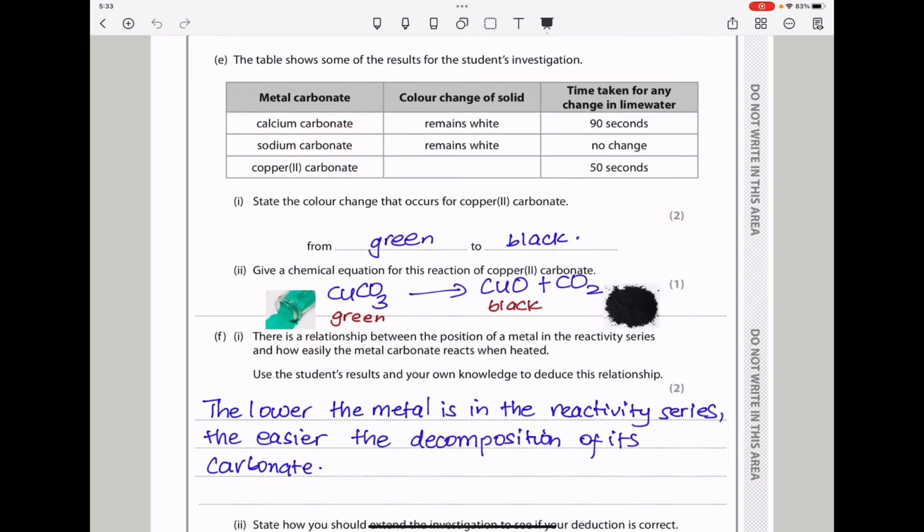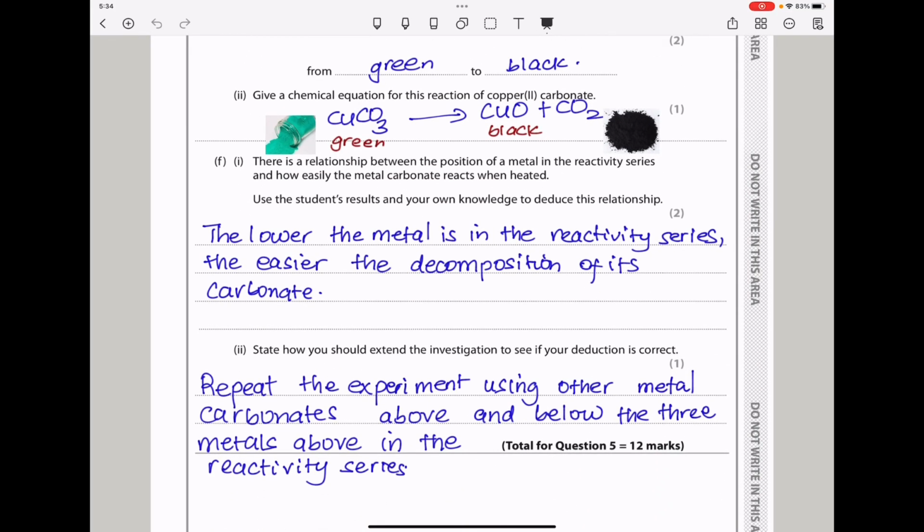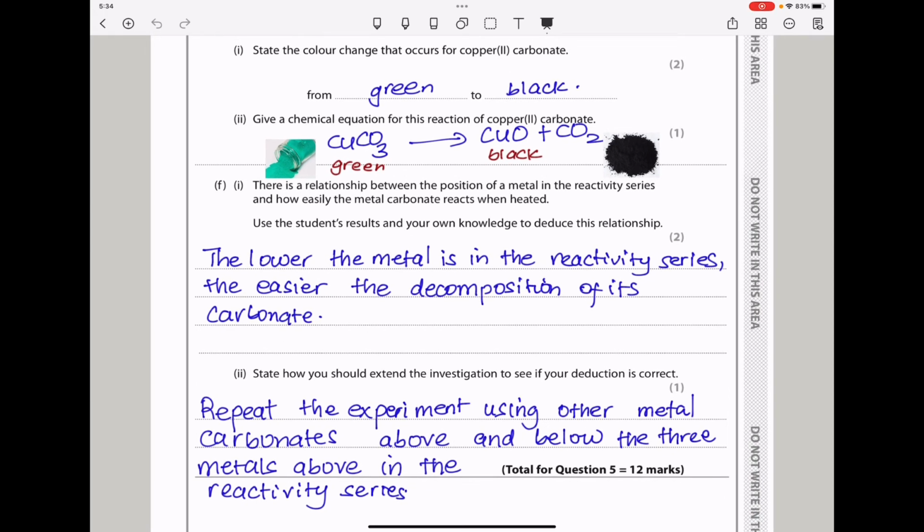So we see copper that is below reacted faster, and this one a little bit slower, but this one did not react, which is at the top. So the conclusion is that the lower the metal is in the reactivity series, the easier the decomposition of its carbonate. That is based on the table given.